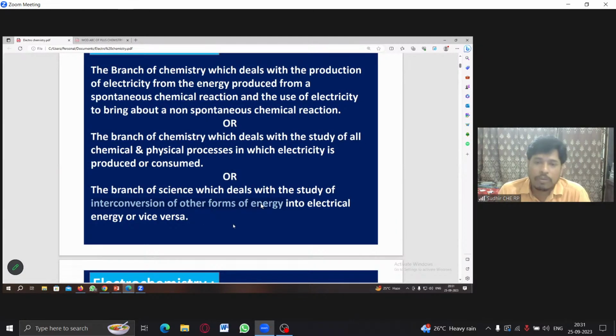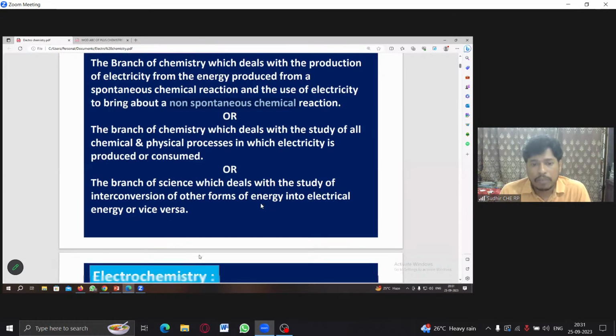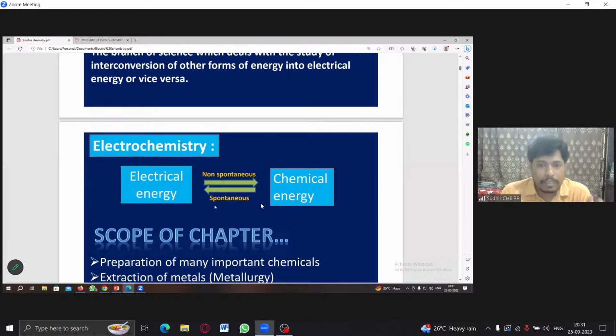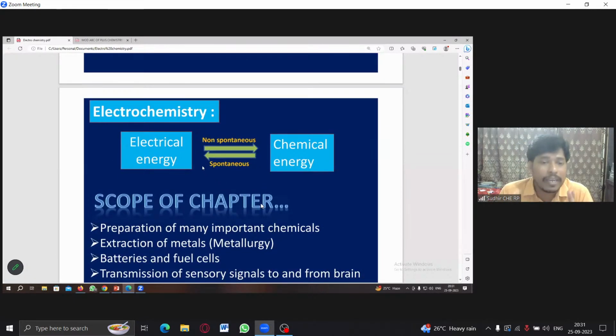Now, I asked you to remember there are two important terms we have to understand clearly. One is spontaneous chemical reaction and the second one is non-spontaneous chemical reaction. In this chapter, even though we have different forms of energies, the kind of energy conversions we are mainly focusing on are electrical energy and chemical energy interconversions.